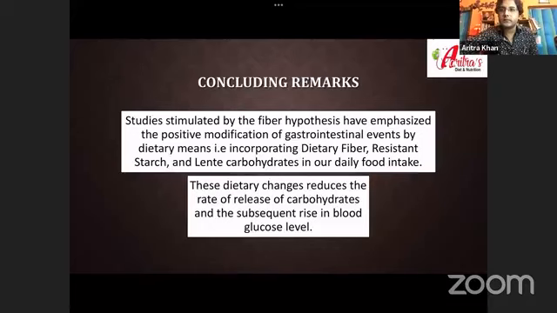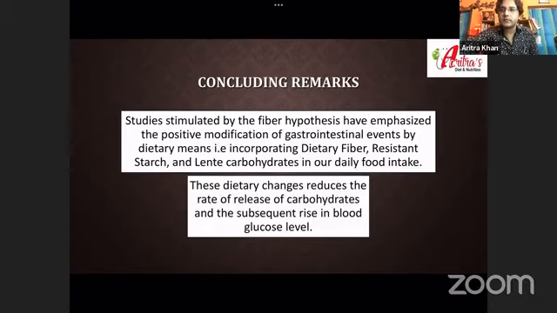So there are a lot of studies yet to be done. Studies stimulated by the fiber hypothesis have emphasized the positive modification of gastrointestinal events by dietary means, incorporating dietary fiber like resistant starch, a very good source of carbohydrate, because we shouldn't restrict carbohydrate.